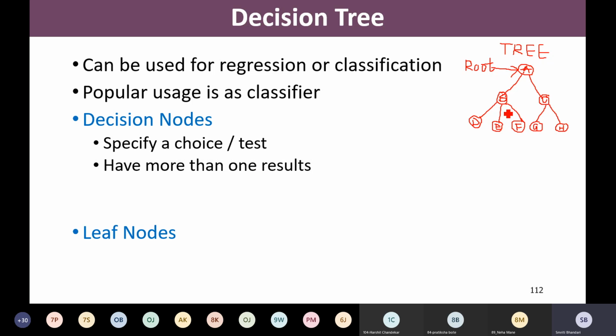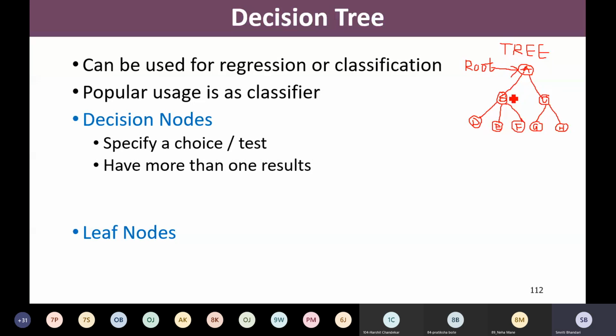So for every node in the decision tree, let us assume that this is our tree. We may say that this node A is a decision node. This node has some feature or attribute stored, and for that attribute we have several values.